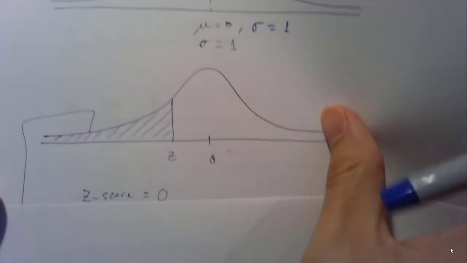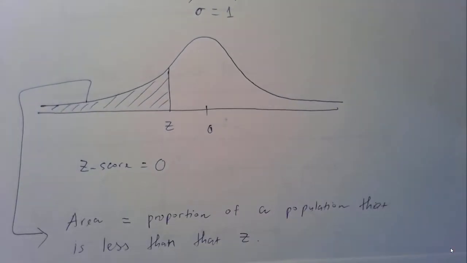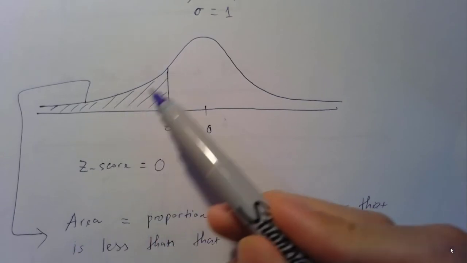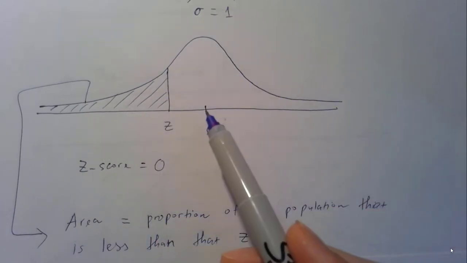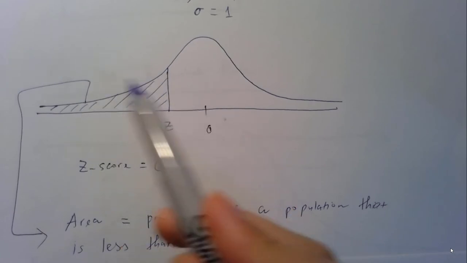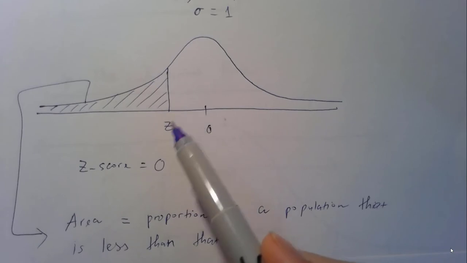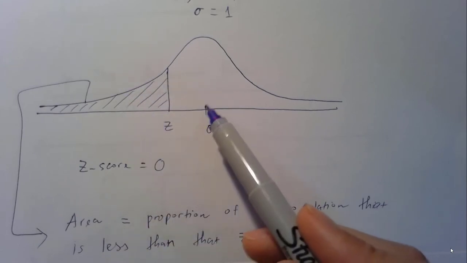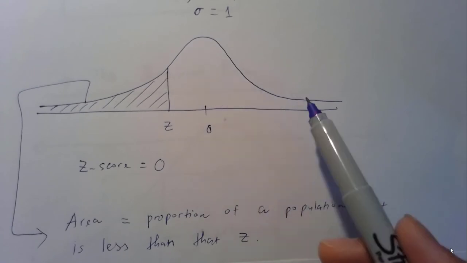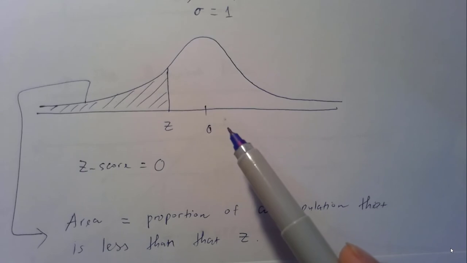Let's quickly refer to this figure here. We have a standard normal distribution curve where the mean is equal to 0, so anything on the left side of 0 has a negative z-score, and anything on the right side of 0 has a positive z-score.